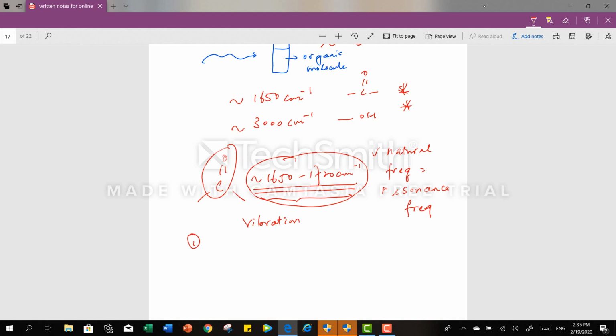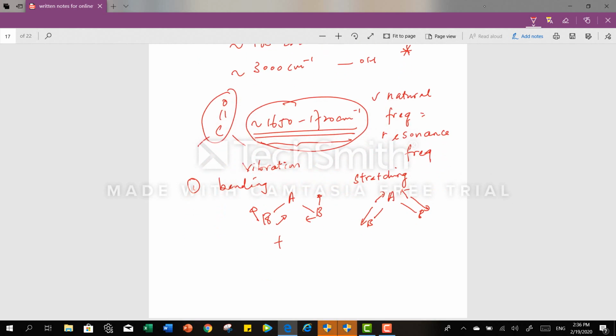The first way is bending. For example, if you have a bond like that, bending means it's going in and out, bending itself. And then it can also absorb the frequency by stretching. Stretching means the bond becomes longer and shorter.